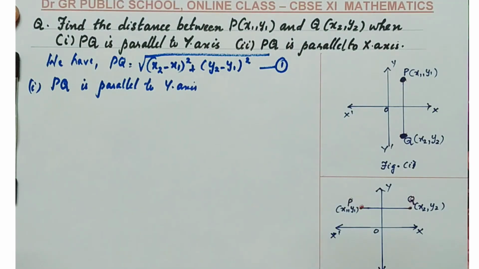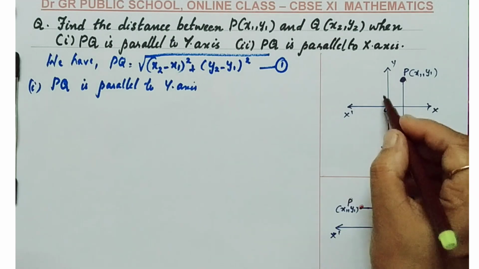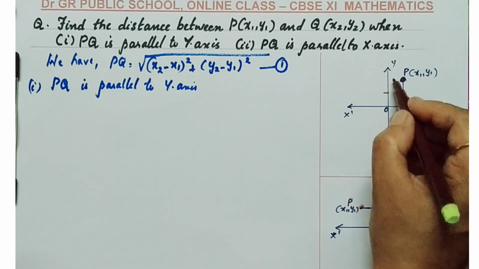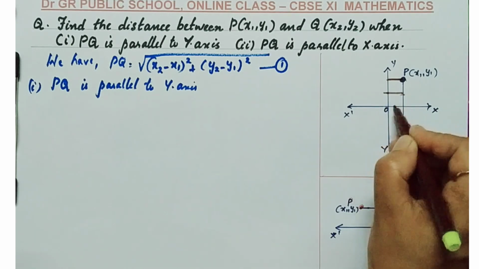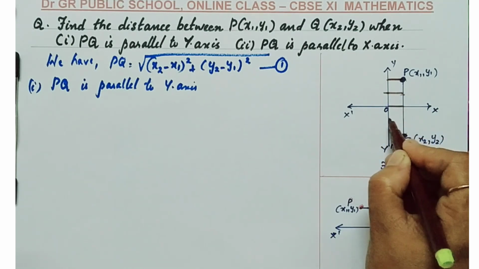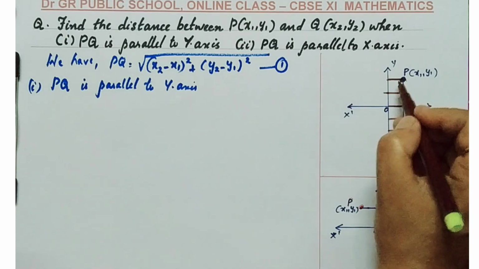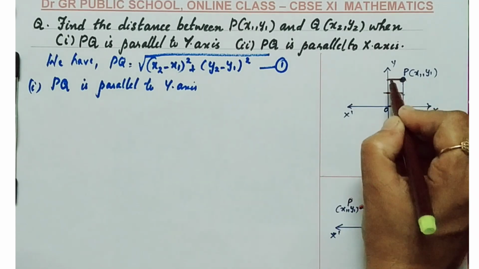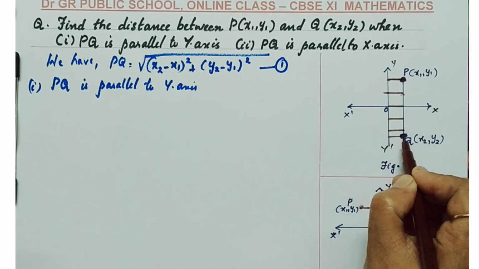When two lines are parallel, now this is the y-axis and this is the line PQ, the perpendicular distance between them will be the same everywhere. This means that the distance of the point P from the y-axis will be the same as the distance of the point Q from the y-axis.